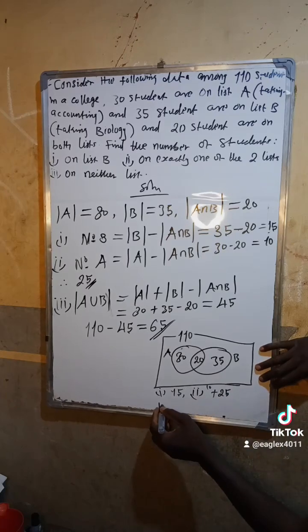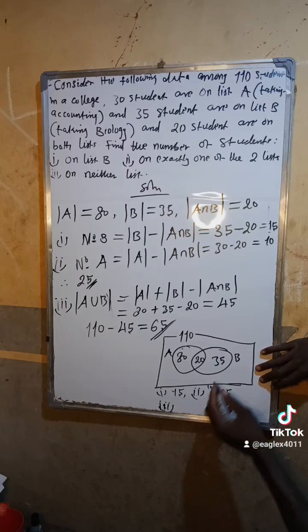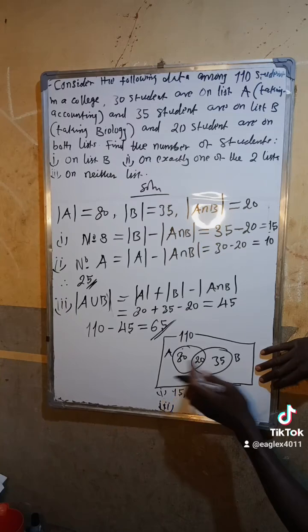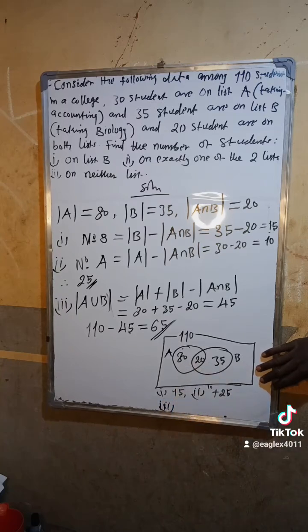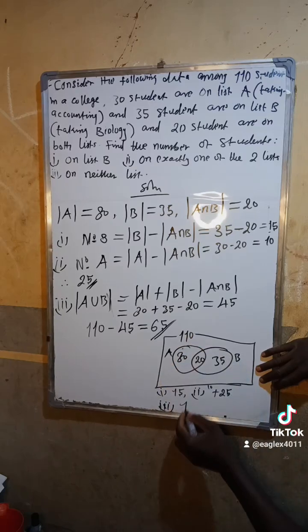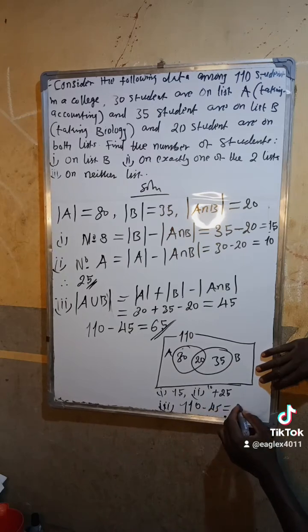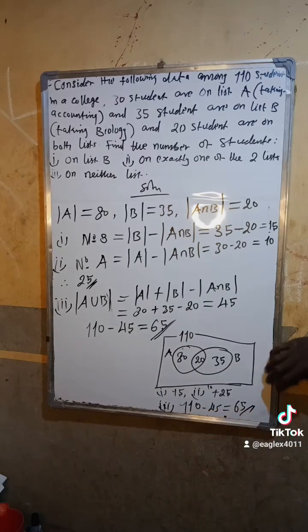And to get the last question, the students that are neither, they are not in any list, if you add this one and this one, it will give us 65 minus this 20, it will give us 45. Then those that are neither, we have 110 minus 45, which is equal to 65 as required.